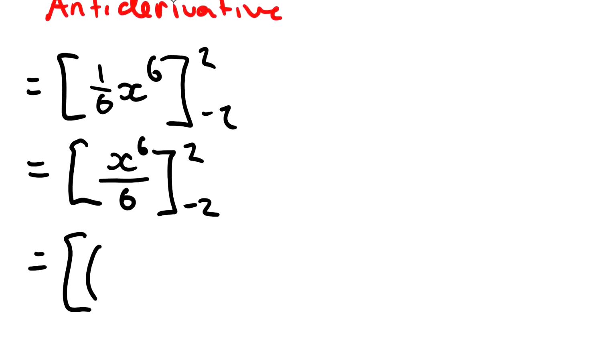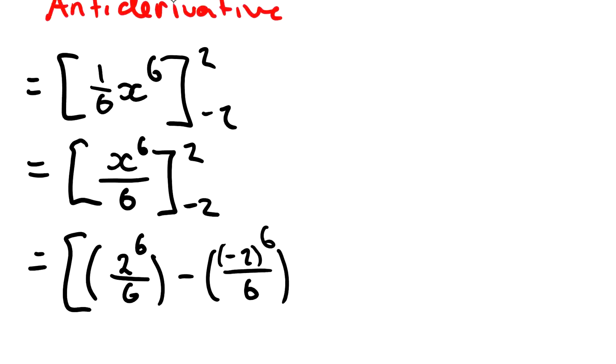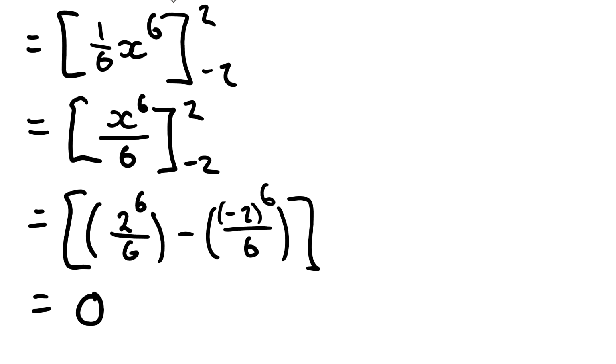So for the first one, we get 2 to the power of 6 over 6 minus 2 to the power of 6 over 6. You can put that in the calculator and you end up with 0. Okay, so if you're starting to see the pattern here, we find the antiderivative, and then for our 2 limits that we have, our a and our b value, we substitute those in, and it's b take away a. So the antiderivative of b take away the antiderivative of a.